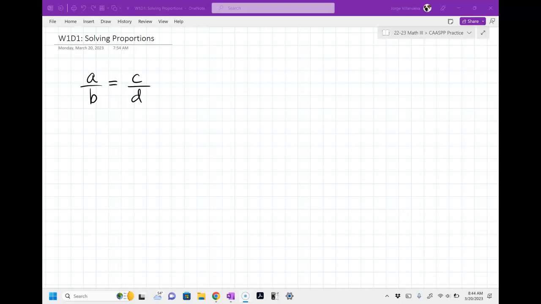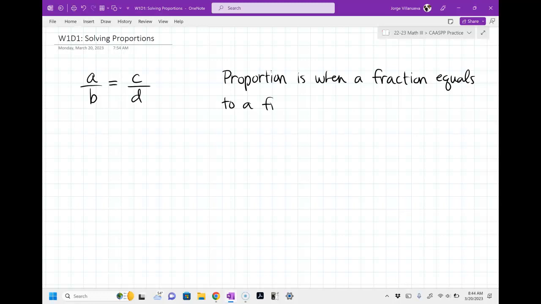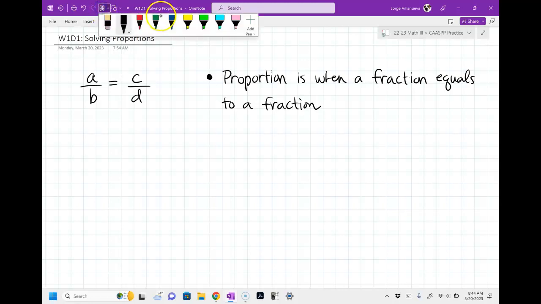So let me just put this right here. A proportion is when a fraction equals a fraction.